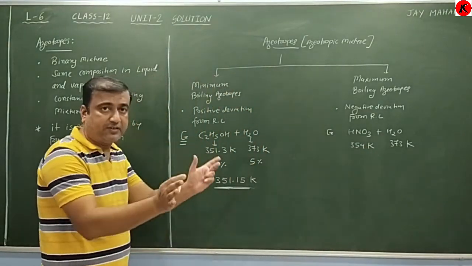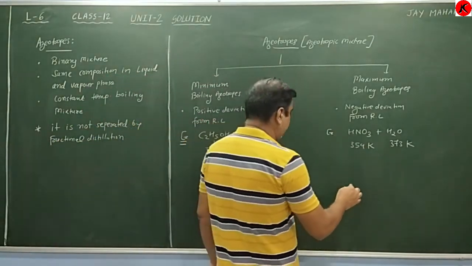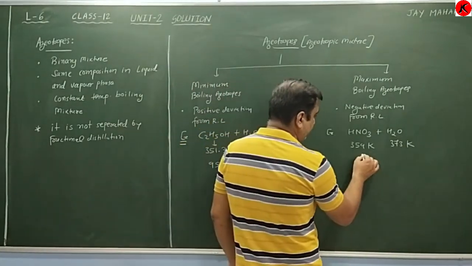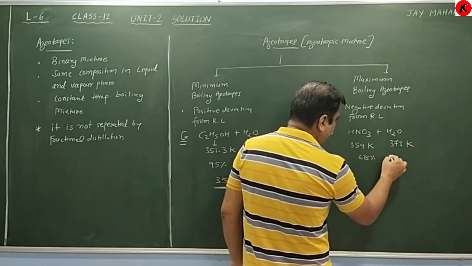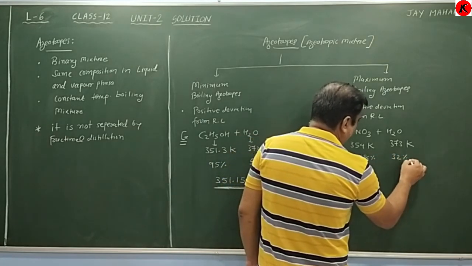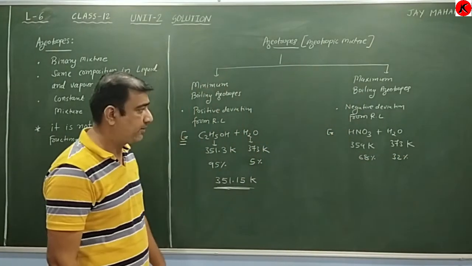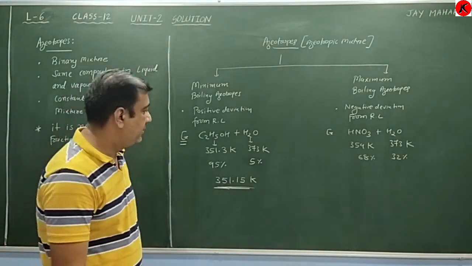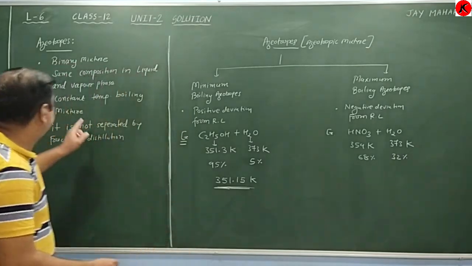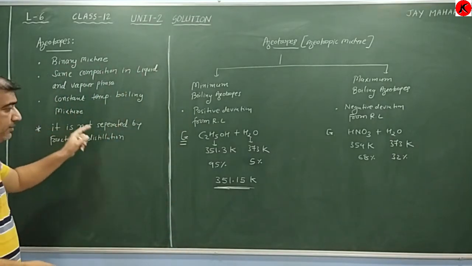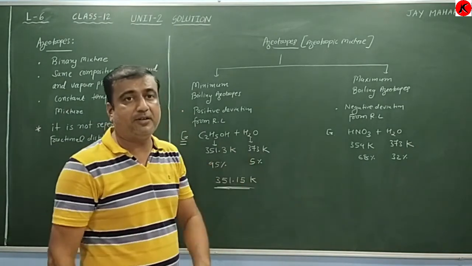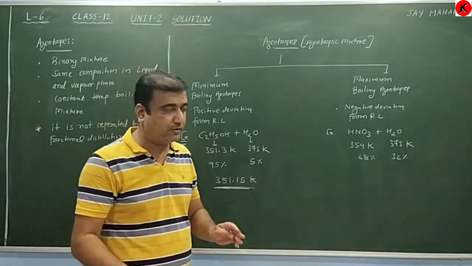Now when distillation is carried out, and the composition of the mixture becomes nitric acid 68% and water 32%, it becomes a constant temperature boiling mixture. In vapor phase and liquid phase, the composition becomes the same.